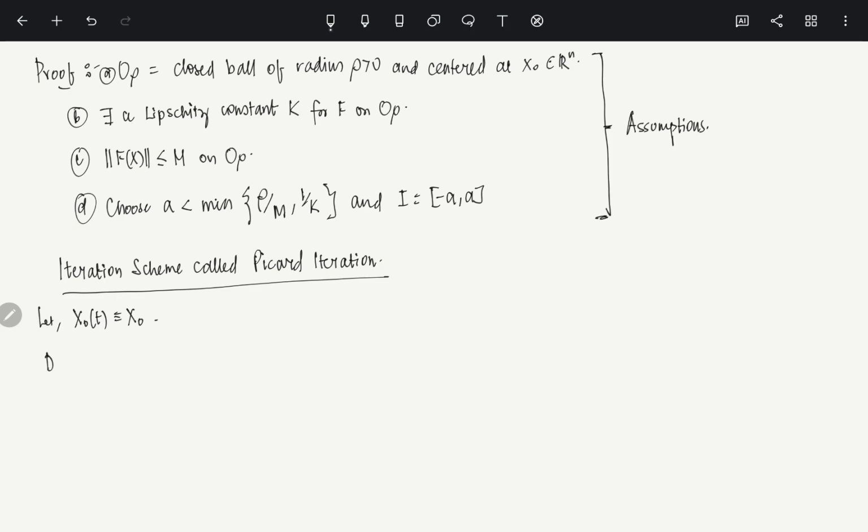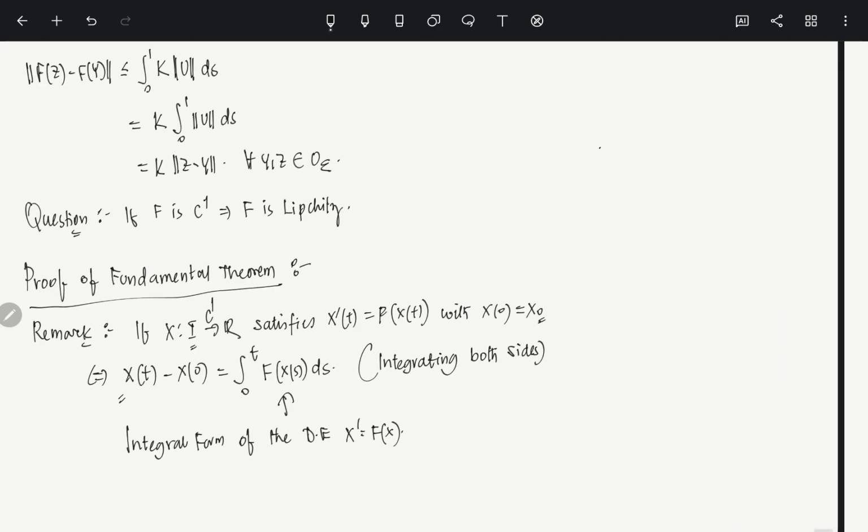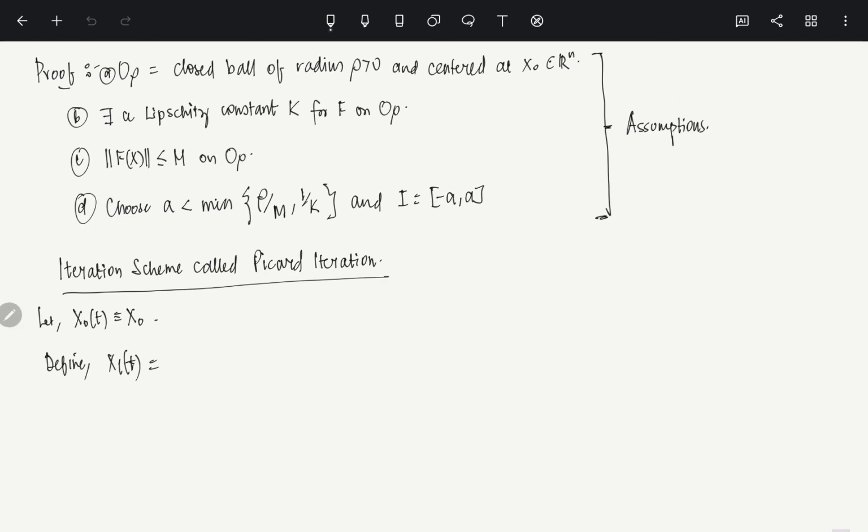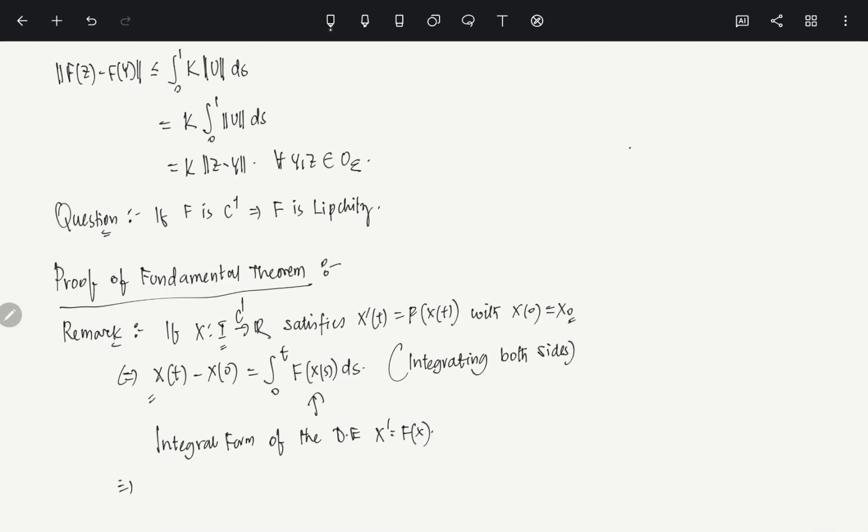Okay, now define the next approximation x1 of t. How do you define the next approximation? I want my approximate functions to do this: x at the point t minus x naught equals the integral from 0 to t of f of x of s ds, right? This we want. You can write this as x of t equals x naught plus the integral from 0 to t of f of x of s ds.